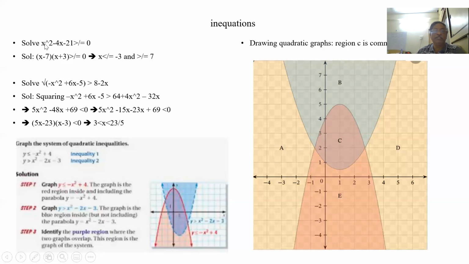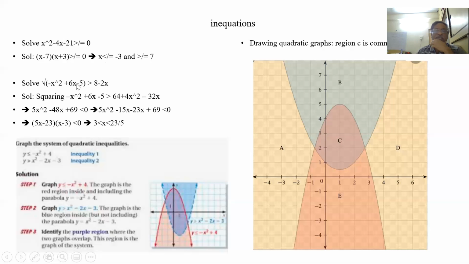Let us see this equation. x square minus 4x minus 21 should be greater than or equal to 0. So I brought it to this, minus 7, x is 7 and minus 3. So for the values of less than minus 3 and more than 7, we have more than 0, including these values. Equal to 0, these two values it is 0. So beyond that also it is positive.